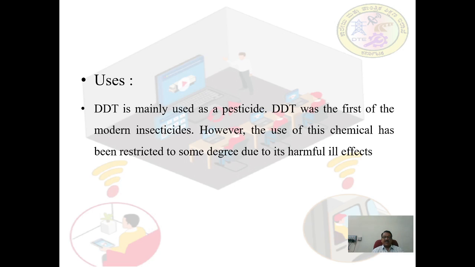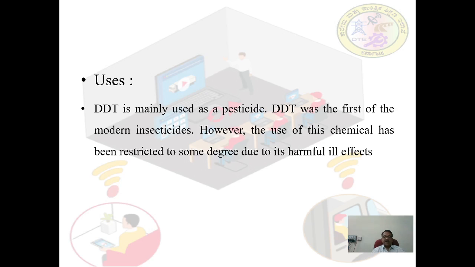It was the first of modern insecticides. However, the use of this chemical has been restricted to some degree due to its harmful ill effects. So this is the procedure or process of manufacture of DDT and its application.